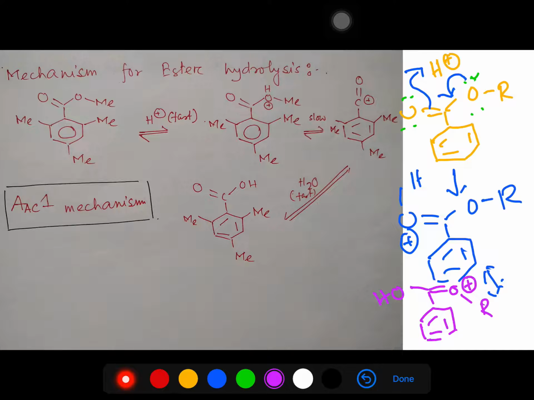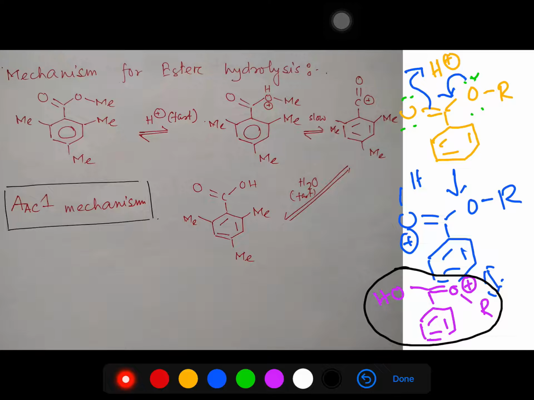This is the formal positive charge. Now, this pathway could not be followed in this case. Why? This structure is possible, fine, but no benefit, as nucleophilic attack in this case of mesitoic acid system is difficult.